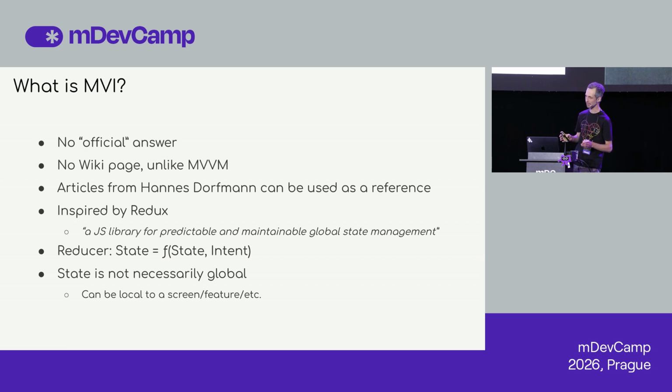It does not do any side effects. It's easy to test, and it must be present if you are doing MVI. The point I would like to add is that state is not necessarily global, unlike mandated in Redux. In Android, let's say Kotlin Multiplatform, you can define your state locally to a feature or screen, or it might be a part of a screen, not necessarily global to the entire app.